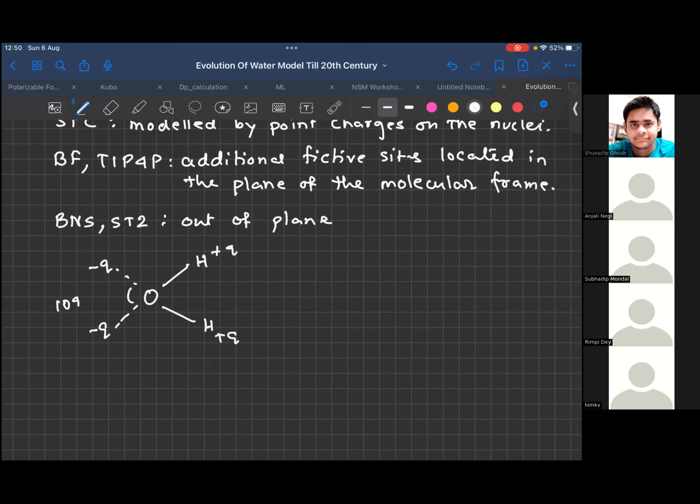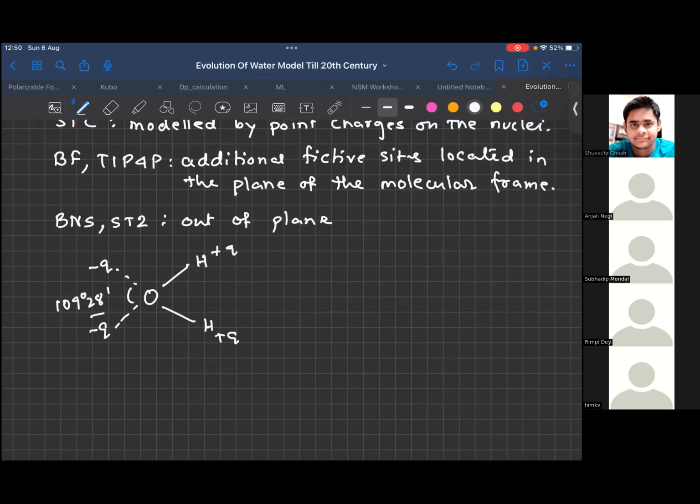After that, to prepare a water potential or water model, people tried the electronic repulsion between molecules mostly accounted for by a Lennard-Jones potential centered on oxygen. This Lennard-Jones potential incorporates the dispersion energy also.